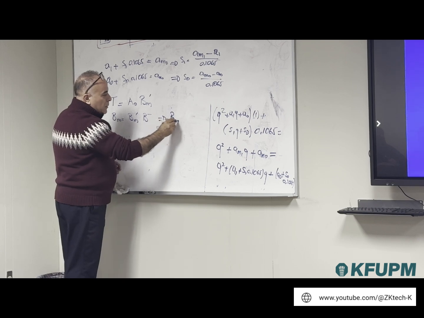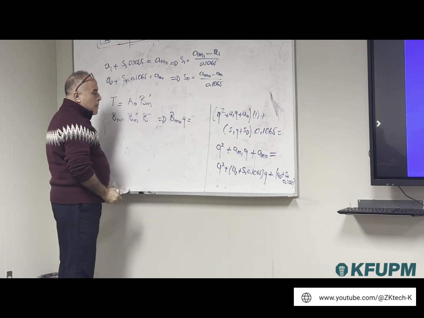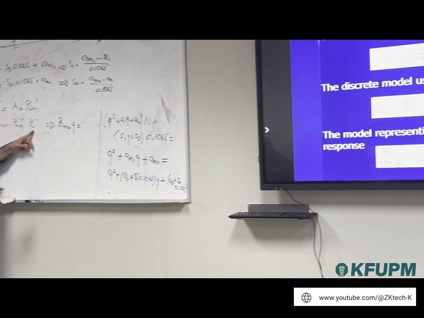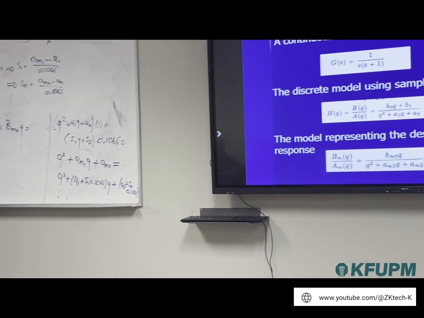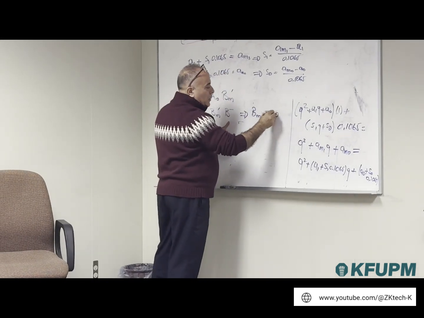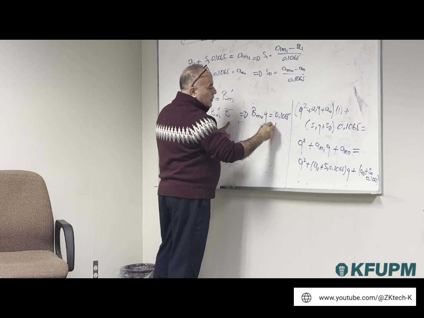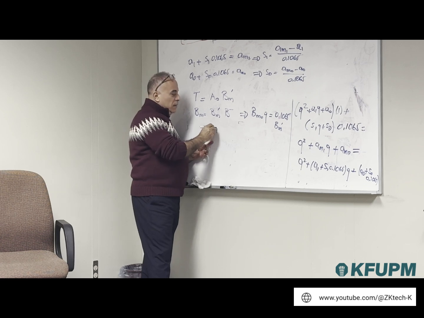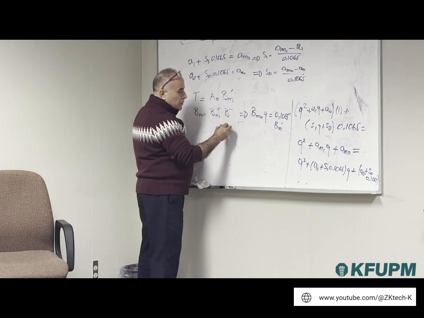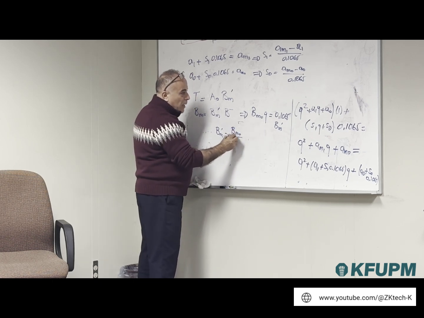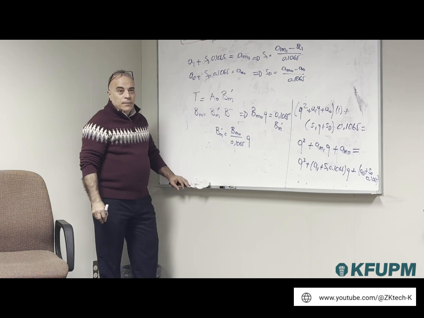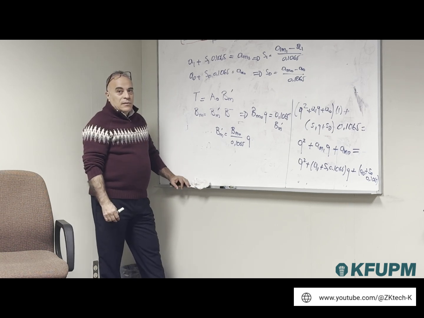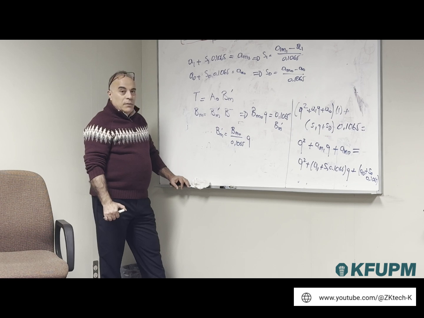Now Bm0 times Q is equal to Bm prime, I don't know, B minus is equal to 0.1065 multiplied by Bm prime. Everybody is okay with this? So I'm able to find Bm prime equal to Bm0 divided by 0.1065 multiplied by Q. You agree with this?